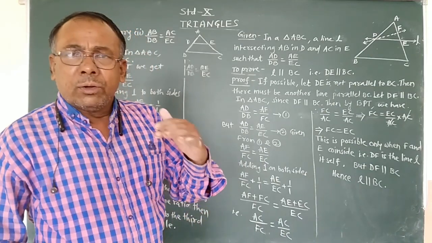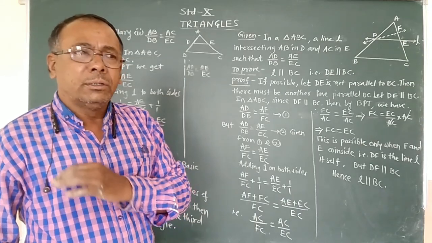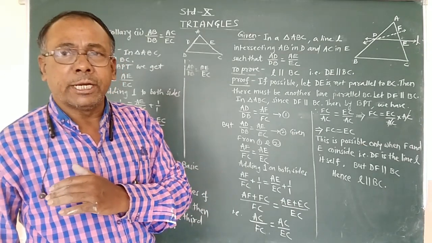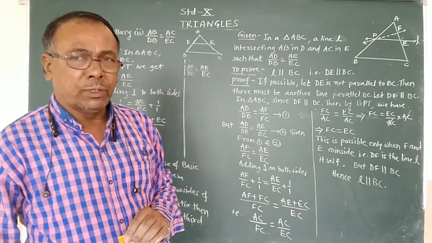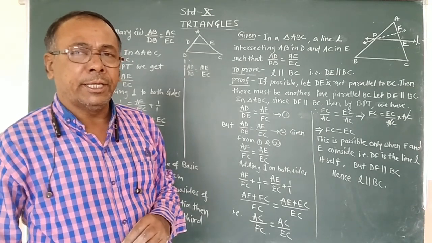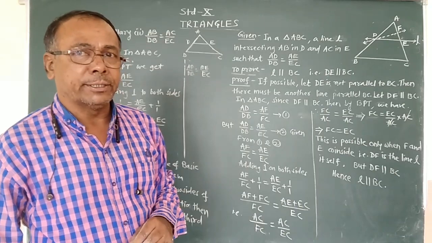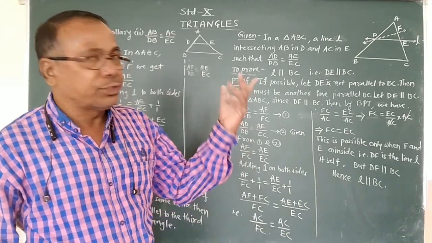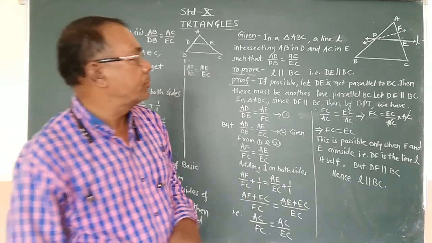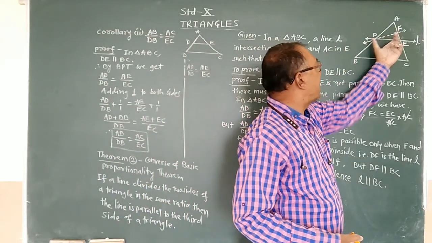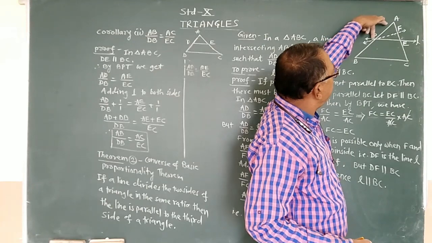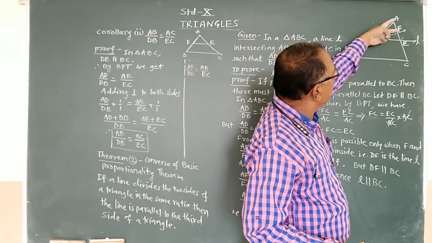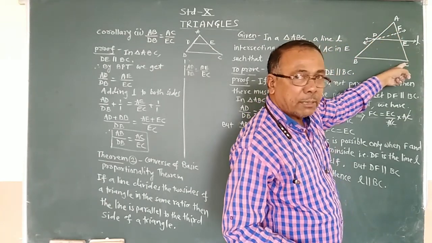And now, just now we have learned the basic proportionality theorem. If a line is parallel to one side, intersecting the other two sides, then it divides the two sides in the same ratio. Means here DF is parallel to BC, and therefore we can get AD upon DB is equal to AF upon FC.